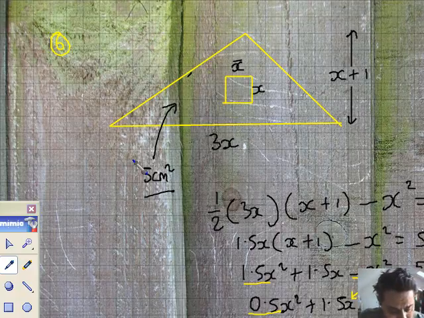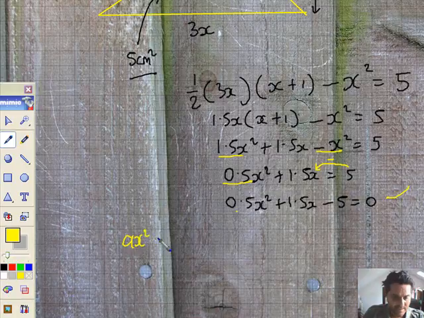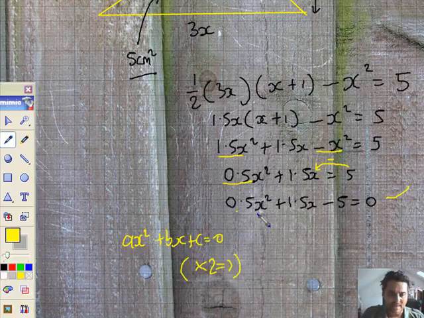Part B, simplify this equation in the form of ax squared plus bx plus c equals nothing. In other words, get it in the form of a quadratic where everything's on the left hand side. Now, in a way I've answered the question, but in order to avoid this ugly 0.5x squared, if we multiply by 2 throughout, we're going to get this.